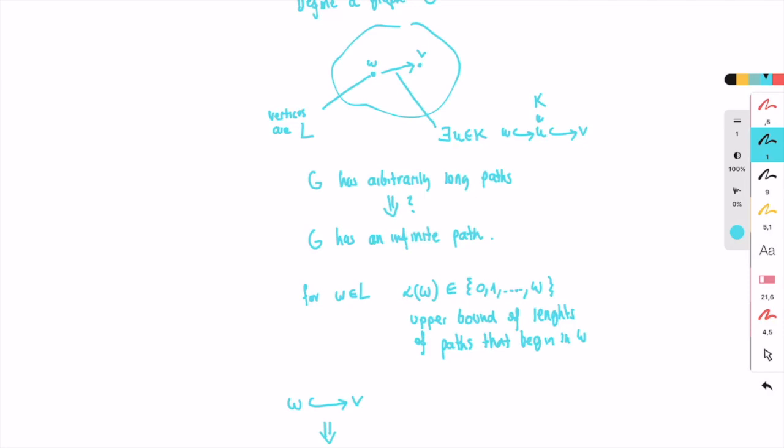Furthermore, L has finitely many minimal elements with respect to the Higman ordering.